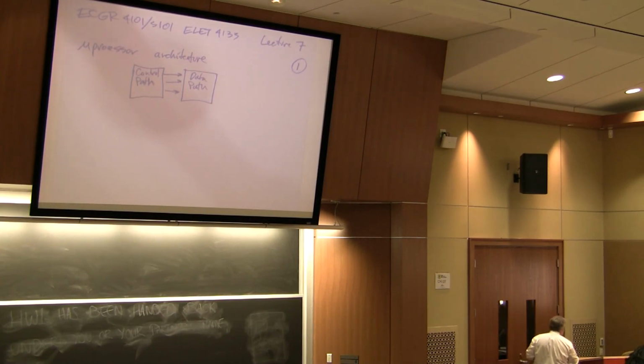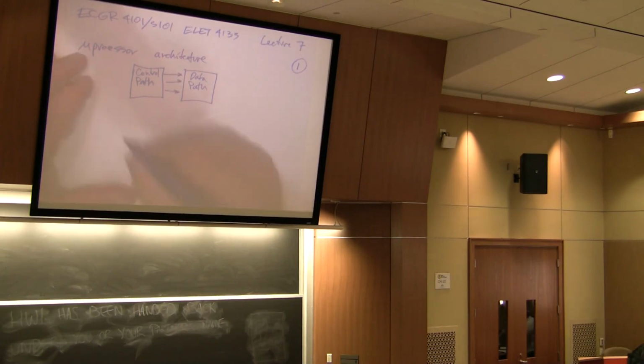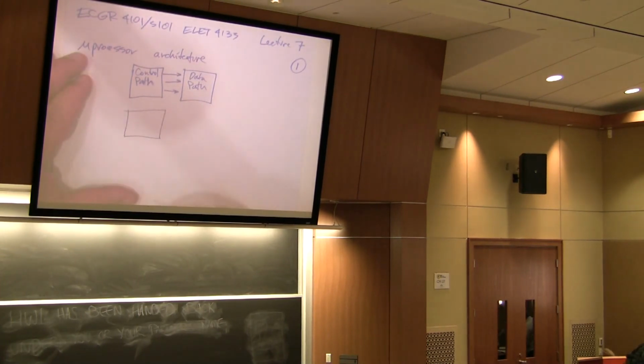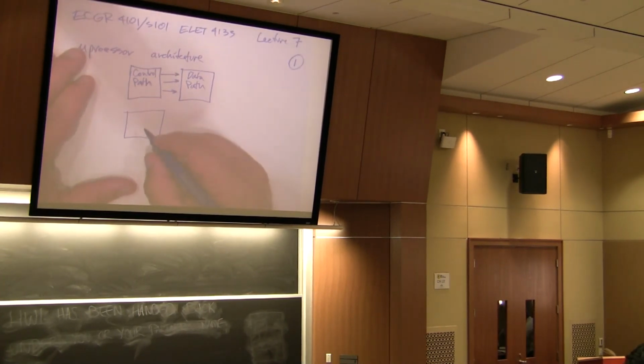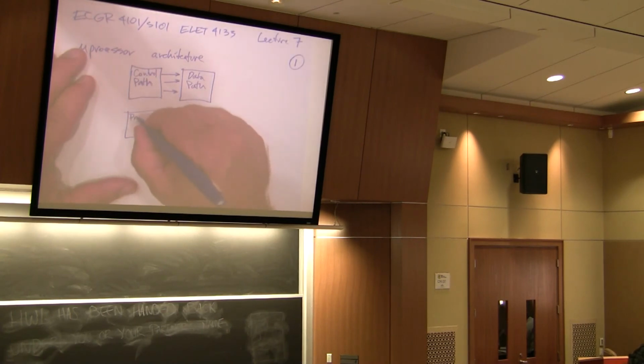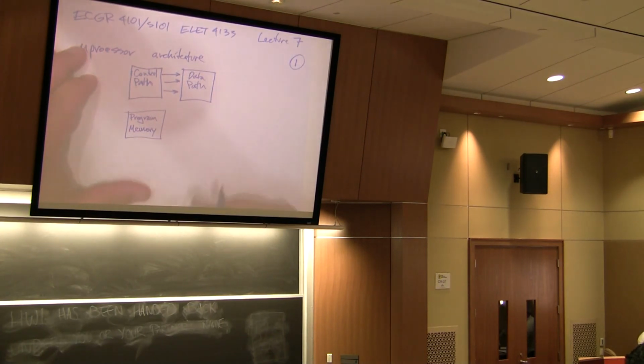So, notice what's going on here. There is a possibility for you to have some memory over here, which is actually program memory. And the program memory will be used to feed the control path.